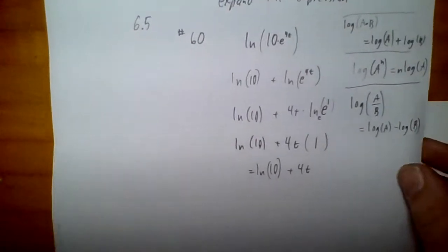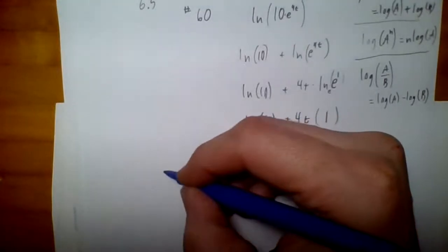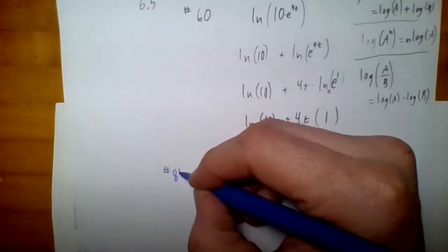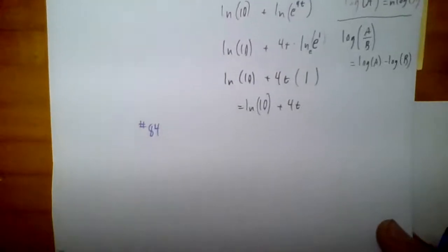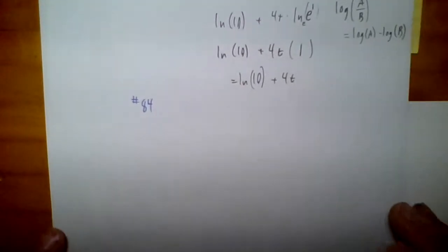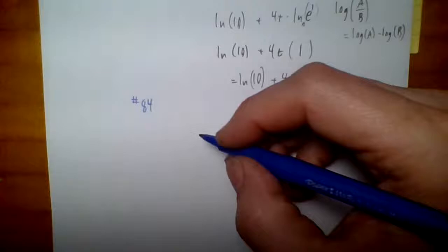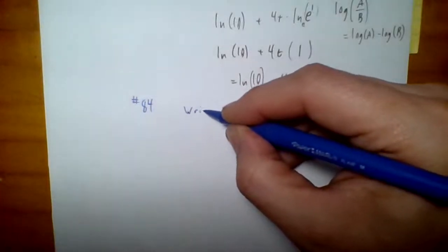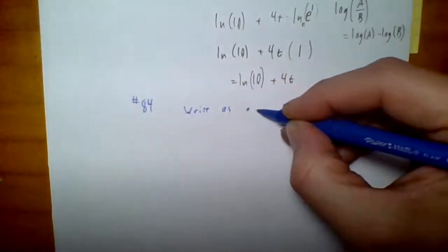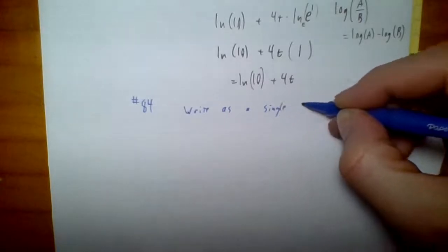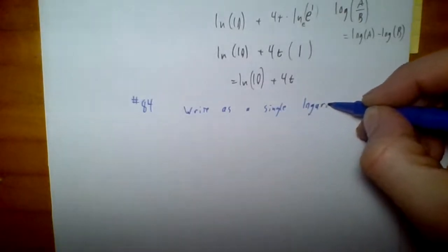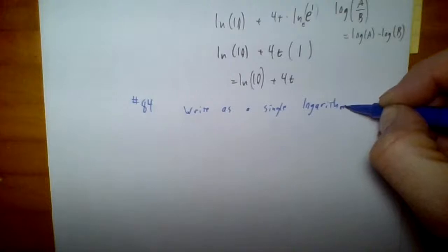But while I'm in 6.5, I'm also going to work with number 84 here. This is one that's later in the homework. And the instructions now are to write as a single logarithm. So we're going the other direction with this. This is putting together stuff.